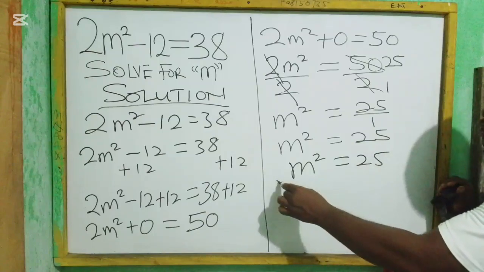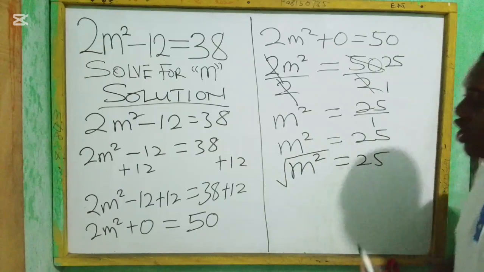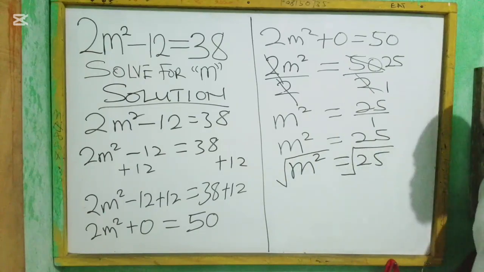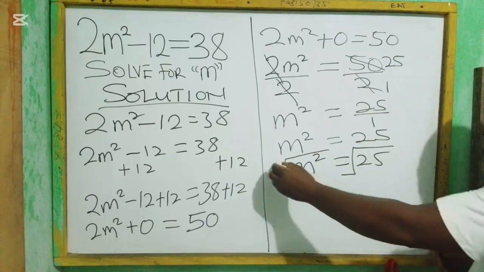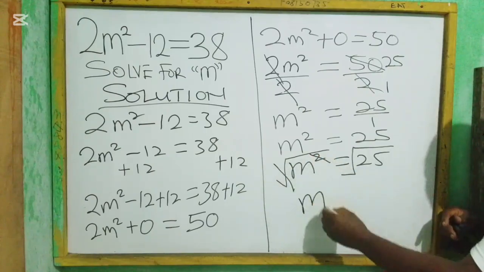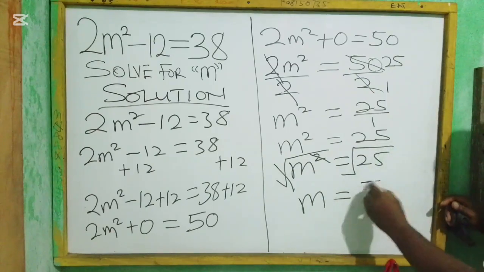We use the square root on both sides so that this square root will cancel the power 2. So we are going to have m equal to square root of 25, equal to 5.